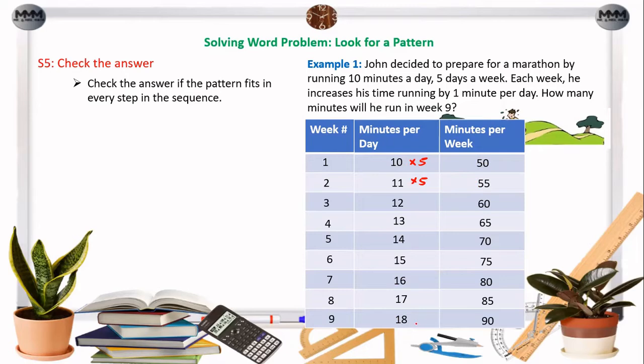To check our answer, we can multiply 18 by 5. Of course, 18 times 5 is 90. Yes? We have checked our answer. So we can now conclude that John will run 90 minutes in week 9.